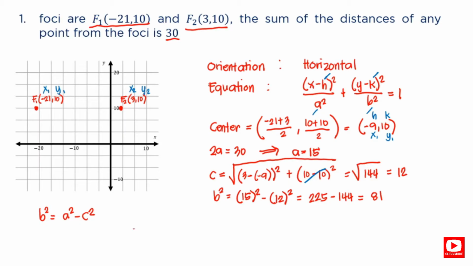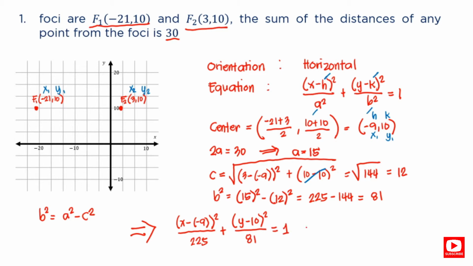So the standard equation is just x minus h, which is negative 9, quantity raised to 2 all over a square, which is 15 square, that is 225, plus y minus k, which is 10, quantity raised to 2 all over b square, which is 81, equal to 1.